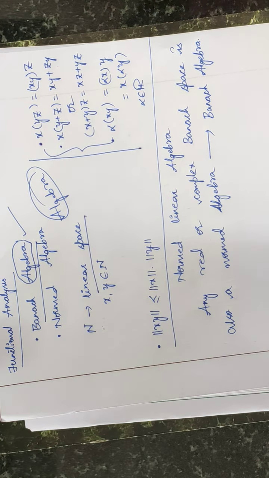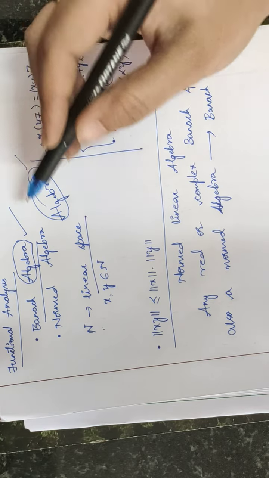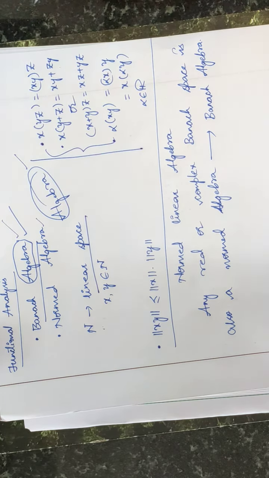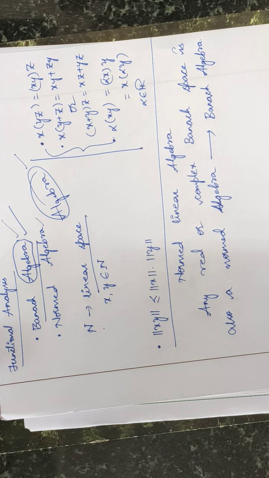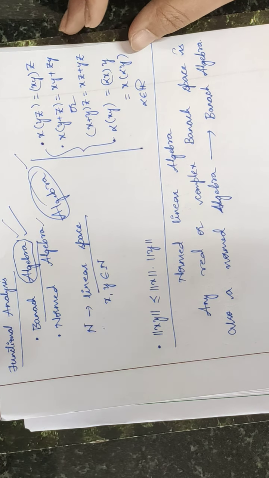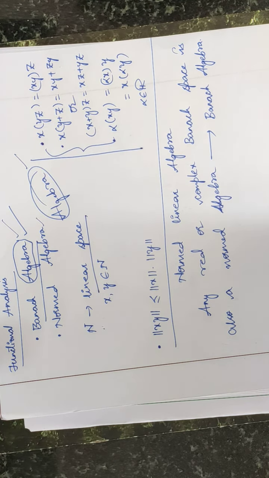This is how we defined these three major terms: algebra, normed algebra and Banach algebra, right? Using this concept we were proving one theorem. So let's recall the theorem also, then I will continue with the left out part.